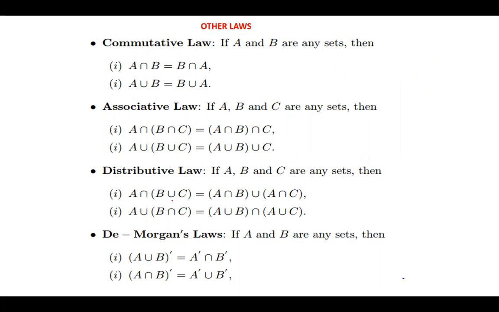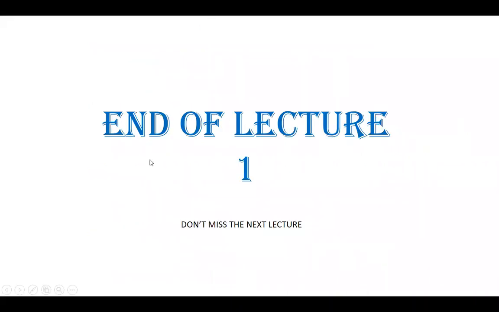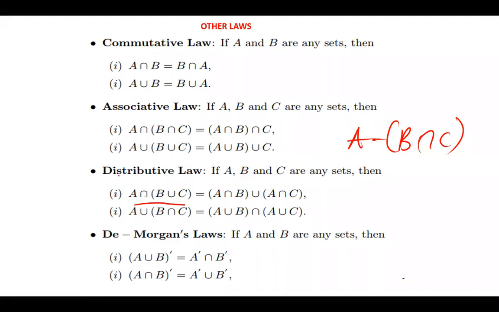And then the distributive law: you just distribute it in the similar way I distributed that A minus B intersection C on the other slide. You say A intersection B, you write it there, and then you get the same A intersection C, you write it on the other side, and then the union set is the one that you put in between.